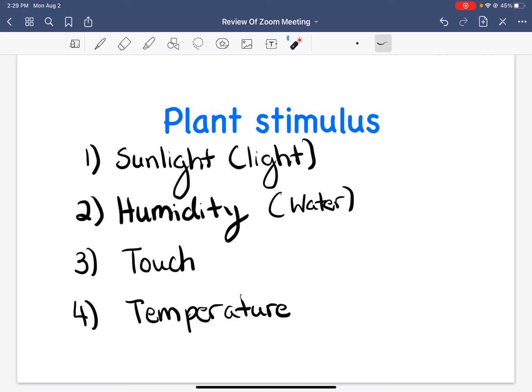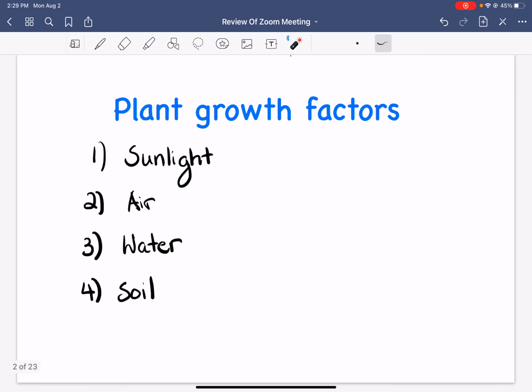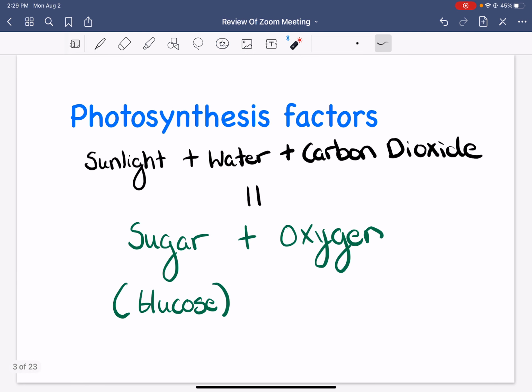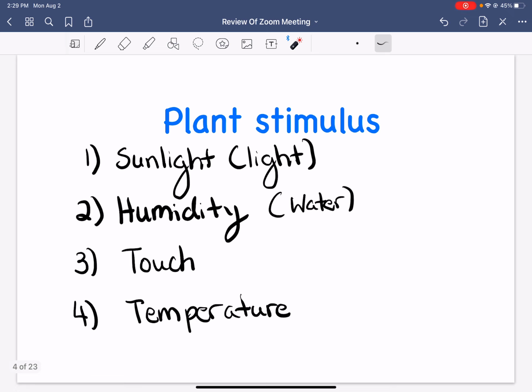Just 4. So now that we know plant growth factors: sunlight, air, water, and soil. Photosynthesis factors: sunlight, water, and carbon dioxide, using photosynthesis, we get sugar and oxygen. Sugar and glucose are the same. And then last, we have plant stimulus: sunlight, humidity, touch, and temperature.